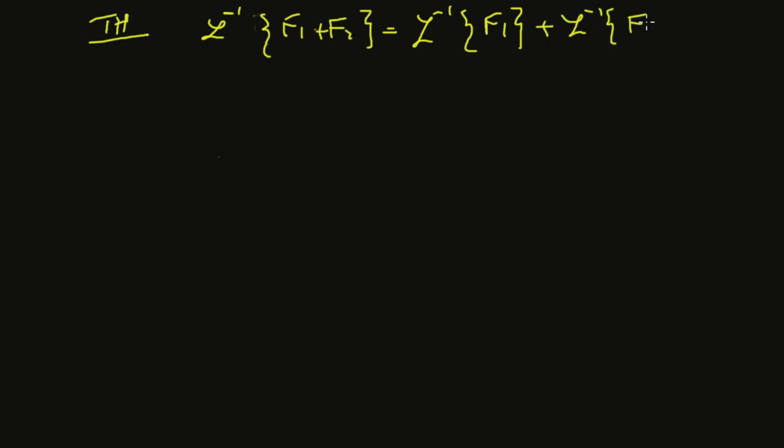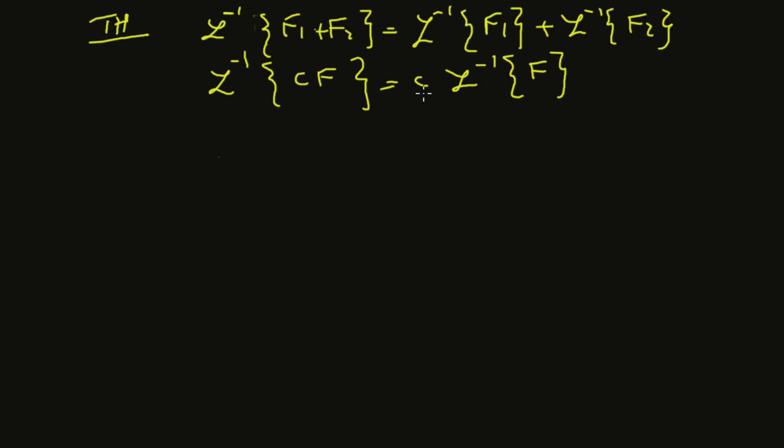And that's a strong, powerful thing again to have. Linearity works on the inverse as well. Does a multiple work as well? Yeah. Which makes them easy to deal with.